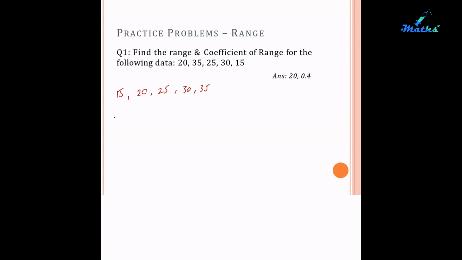So we will find the range, which is R equals the largest minus the smallest, equals 35 minus 15. So R equals 20.